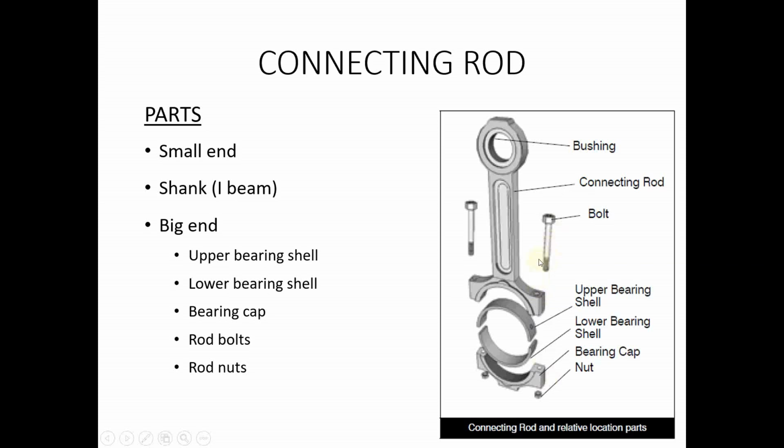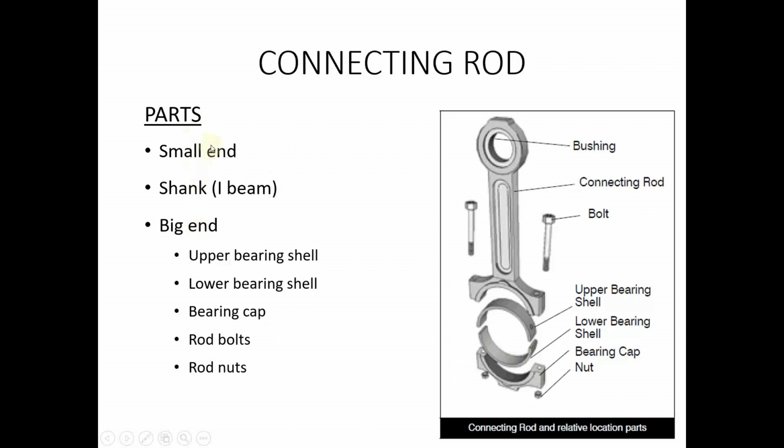We put these bolts through the holes drilled in the connecting rod, and we tighten them by means of nuts. Once we are securing this portion within the crank pin journal, we tighten the upper and lower portions by the bolt and nut arrangement.